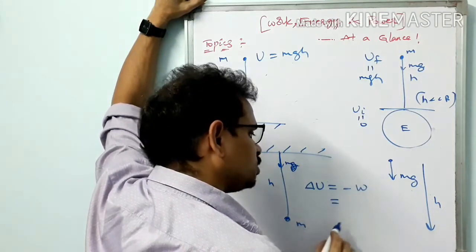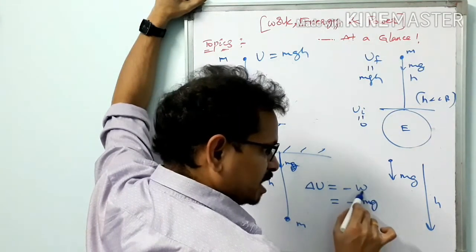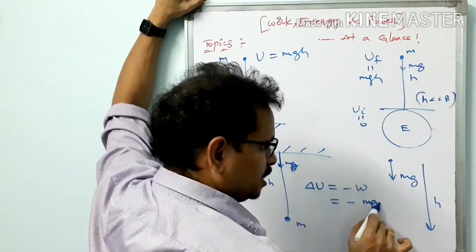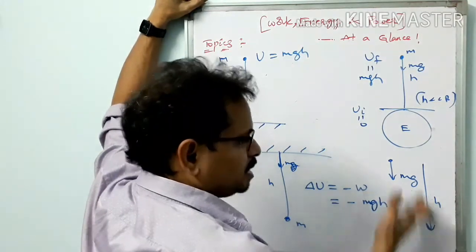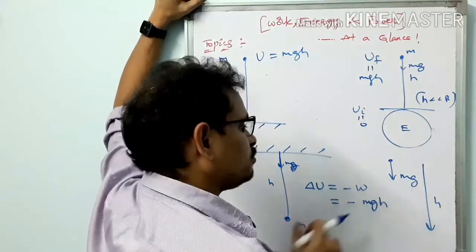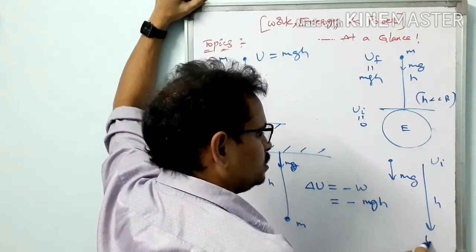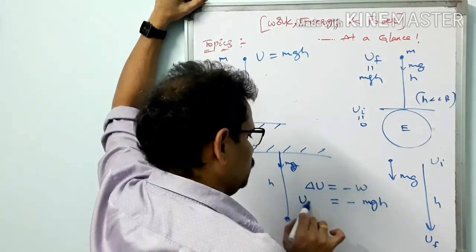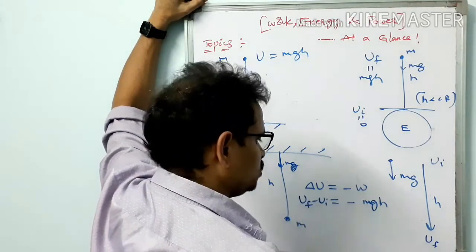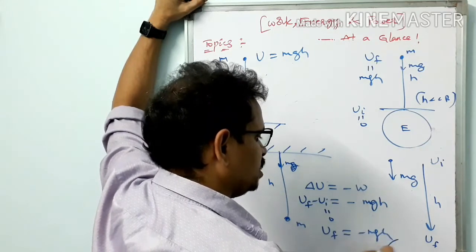This is equal to minus of W, the work done by gravitational force, mg into h. So mg and h are both in the downward direction, they are positive. So delta U equals minus mgh. So Uf minus Ui equals this much. Ui is taken to be 0, so Uf equals minus mgh. Got it now?